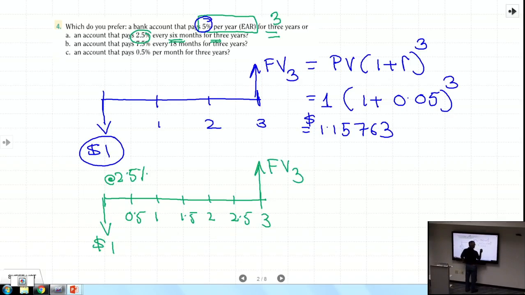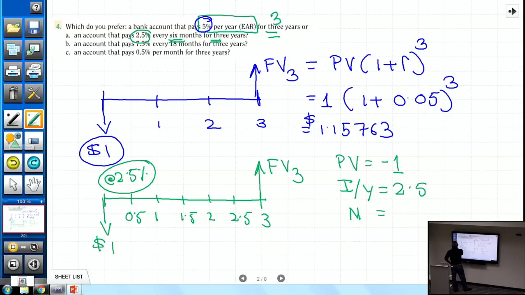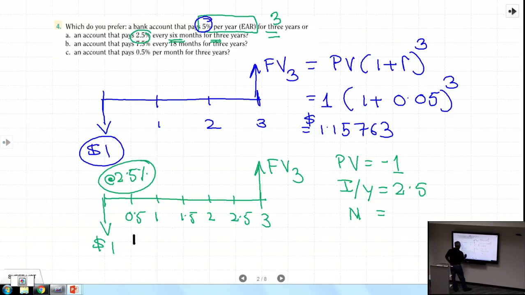You could do this using your financial calculator. Your present value is -1. Interest per period in this case is 2.5%. And the number of periods over here, notice, is 1, 2, 3, 4, 5, and 6.